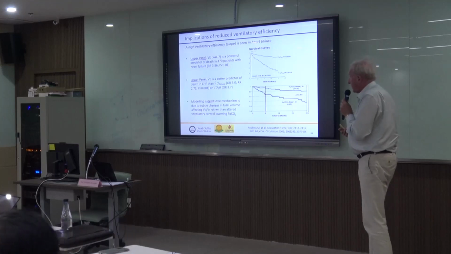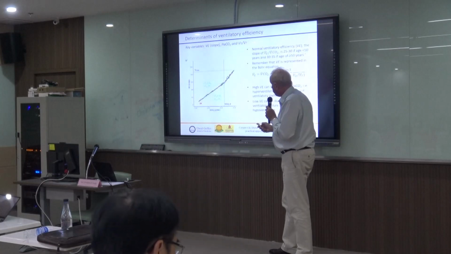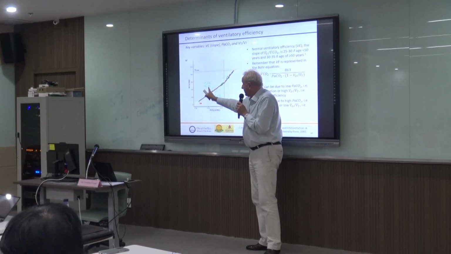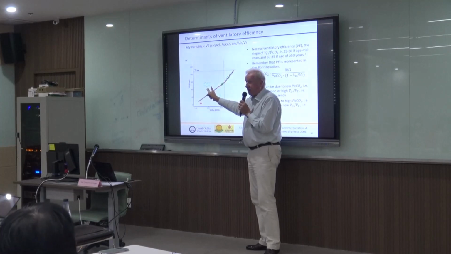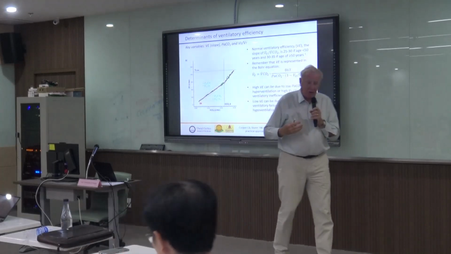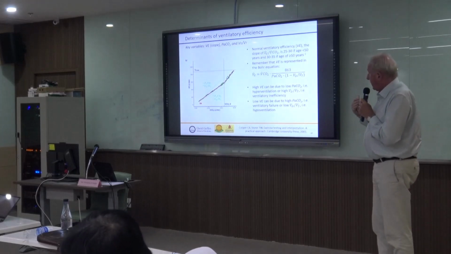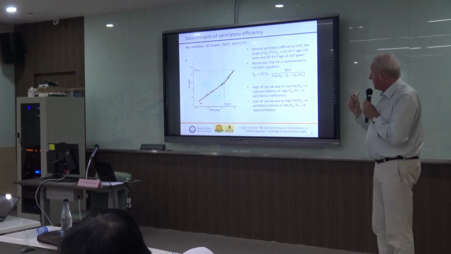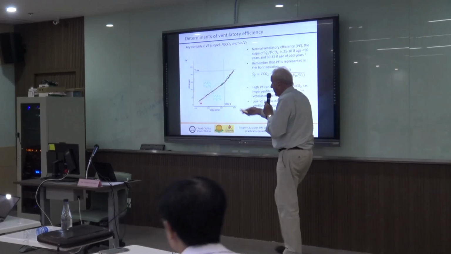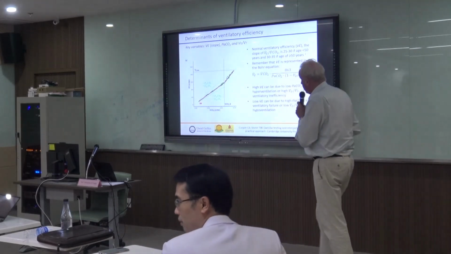Now the mathematical modeling suggests that the mechanism that is responsible for the increase in this slope is more likely to be an increase in VD/VT than a decrease in PaCO2. You can have a small decrease in PaCO2 with heart failure associated with tachypnea, but the changes in PCO2 are so small they're not sufficient to account for the marked changes we see in this ventilatory efficiency slope.